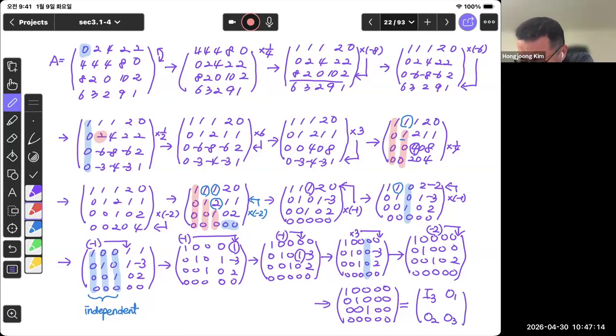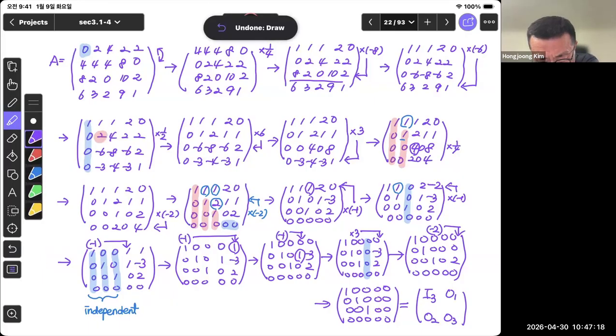O1 is 3 by 2 zero matrix. O2 is 1 by 3 zero matrix, and O3 is 1 by 2 zero matrix. And in the upper left corner, we have 3 by 3 identity matrix, I sub 3.